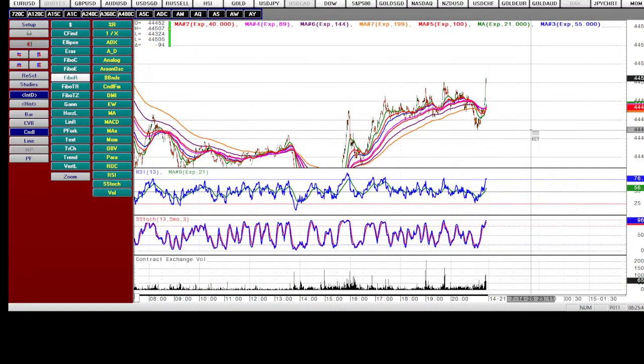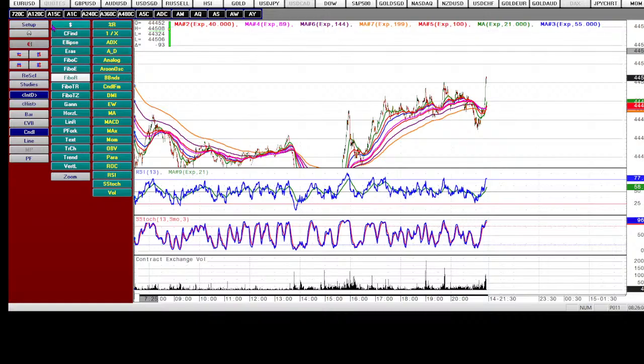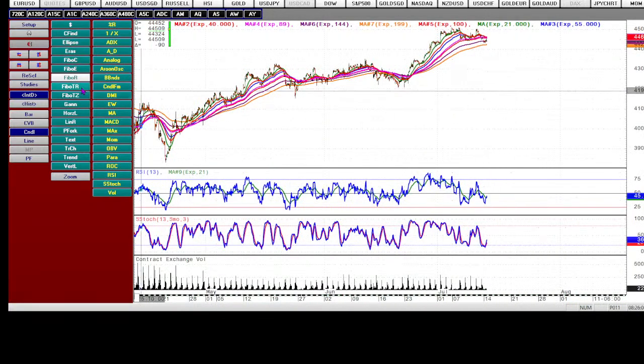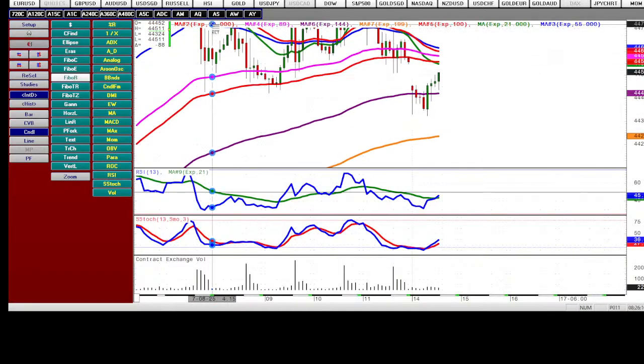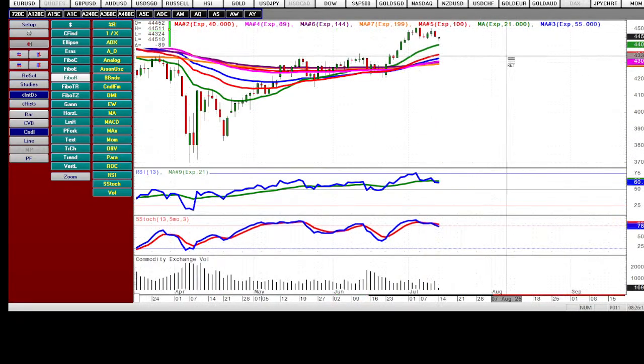Then during the Europe session it is FTSE and DAX, and during the Asian session it is Hang Seng and Nikkei. So this is our plan. I think that's maximum enough to give us a lot of headaches in order to manage the trade.